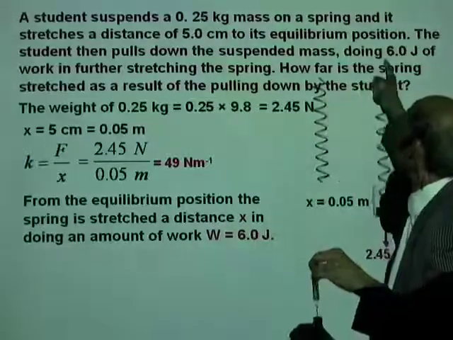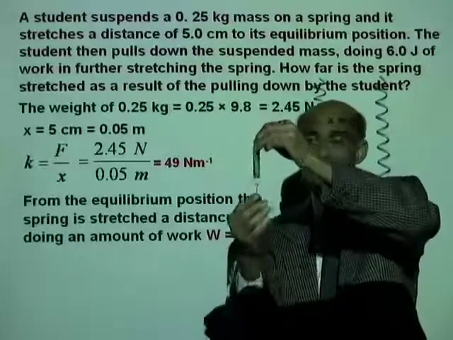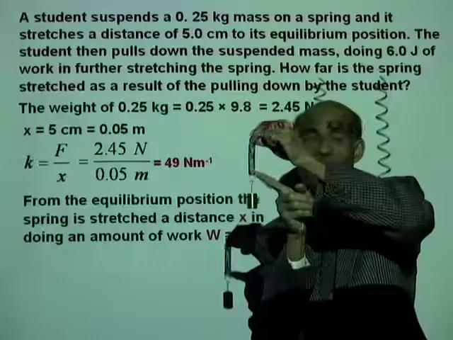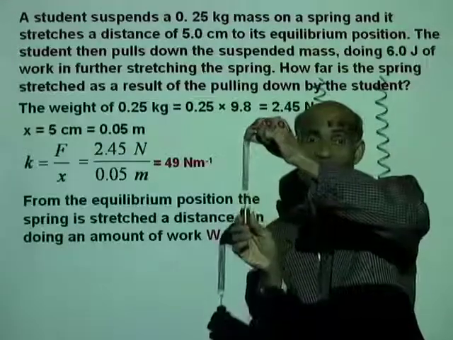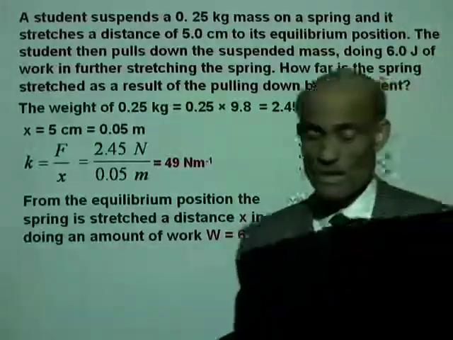How much? 6 joules of work in stretching the spring. We need to find how much the spring is stretched from this equilibrium position so that that amount of work, 6 joules, is done. Alright?